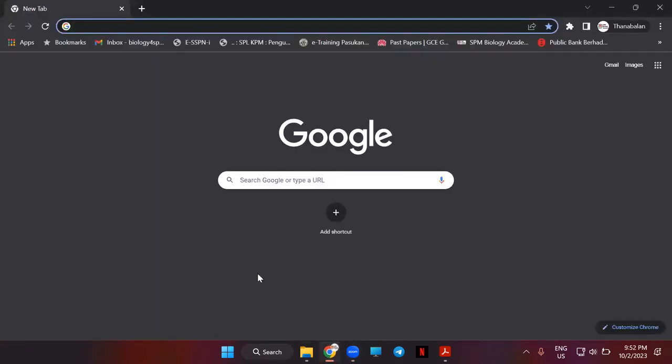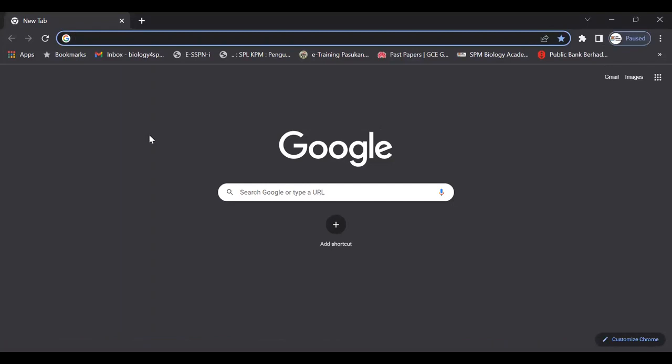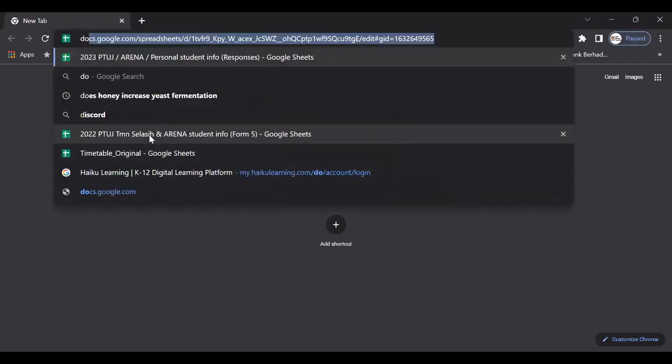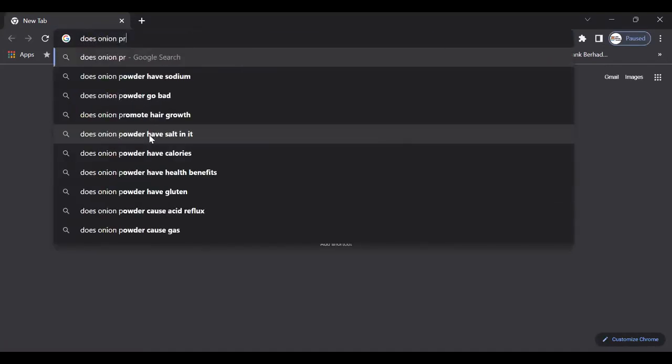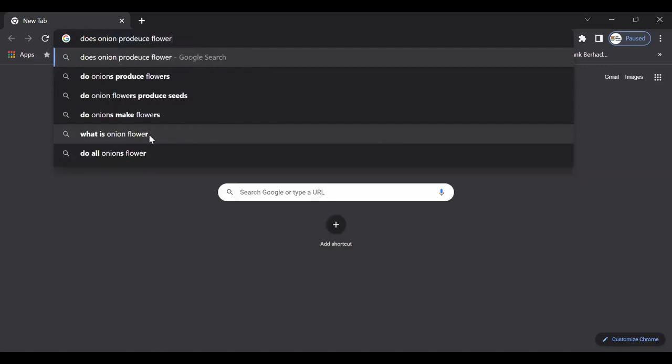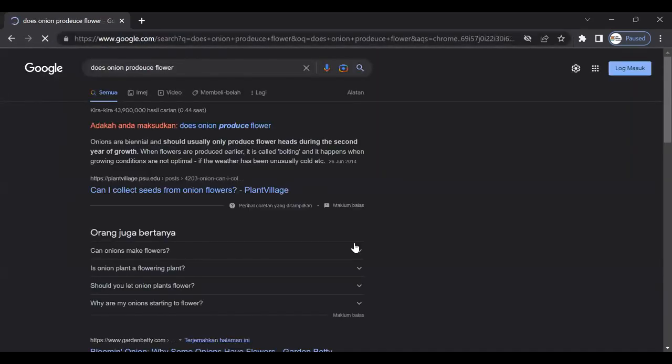Okay. Let me share this with you. Does onion produce flower? You read this. Onions are biennial and should usually only produce flower heads during the second year of growth.